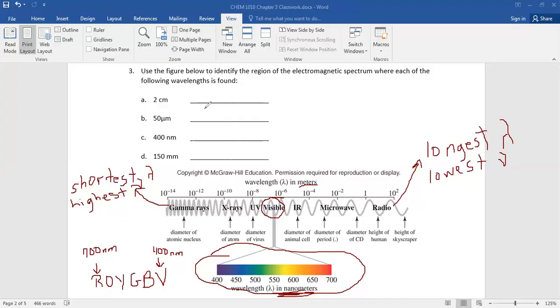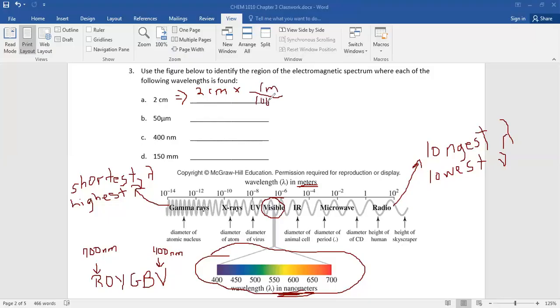And so therefore, using this figure, identify the region of the electromagnetic spectrum where each of the following wavelengths is found. Well, we have the wavelengths in meters. So therefore, whichever wavelength is given in these questions, we need to convert it to meters. So 2 centimeters, we can convert it to meters.